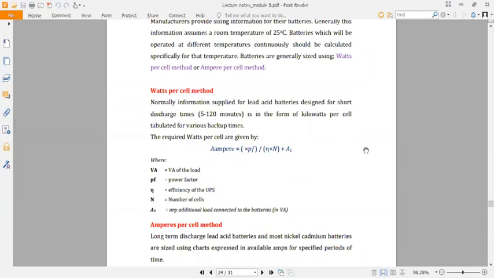Like this we can add for each and every load, and the sum will give the total ampere rating which is required for the battery.